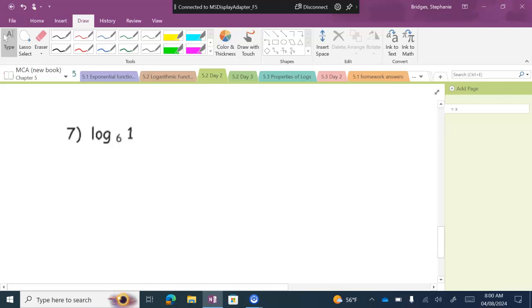This is one more that we just kind of have to think about versus being able to rewrite both sides. Think about it like this. You take it to exponential. 6 to what power equals 1? Anything to what power turns to 1? 0.